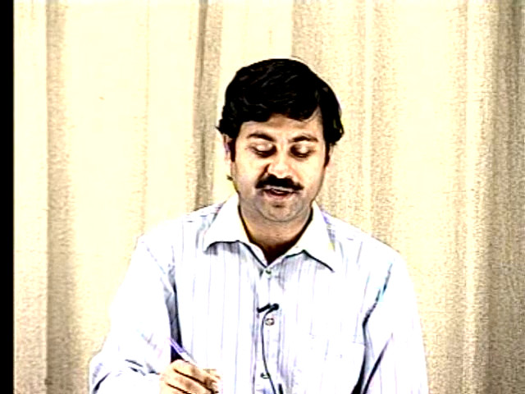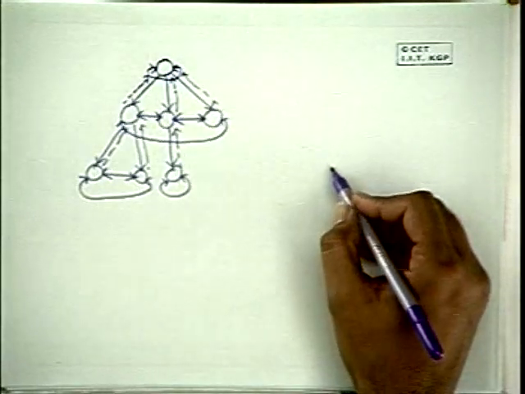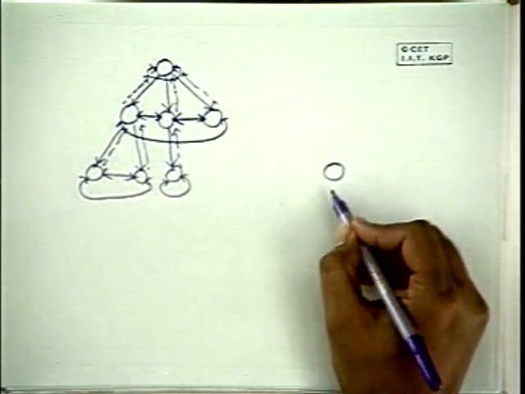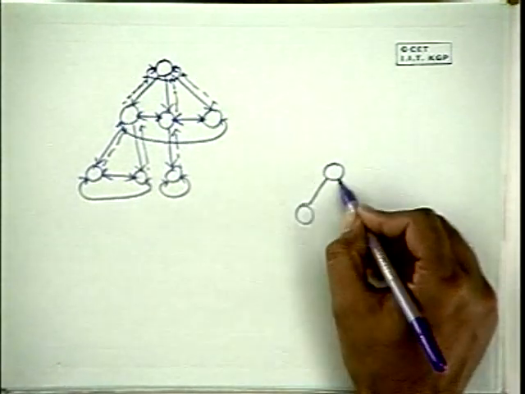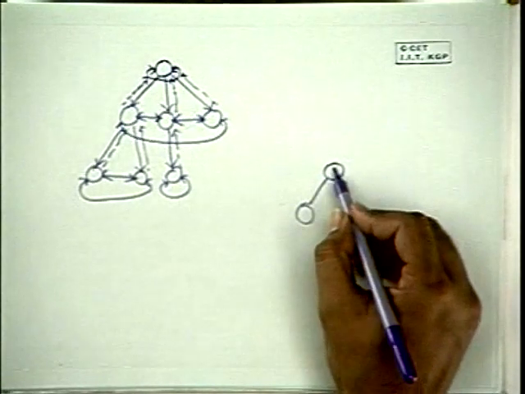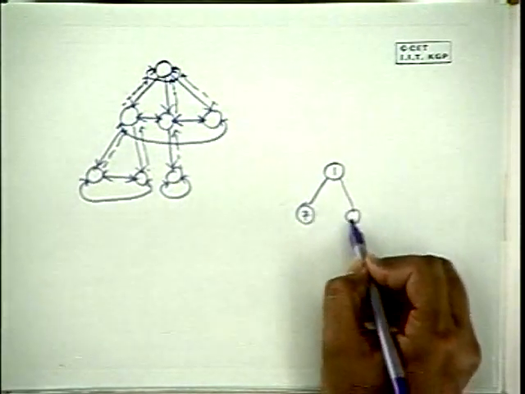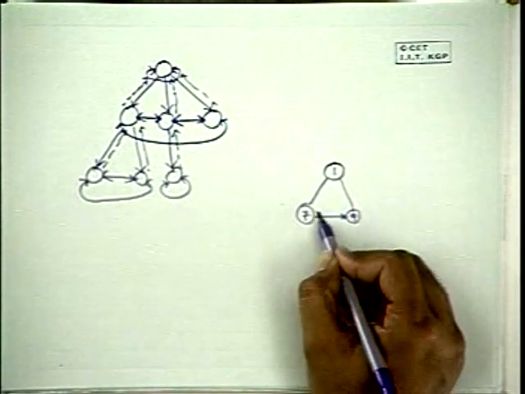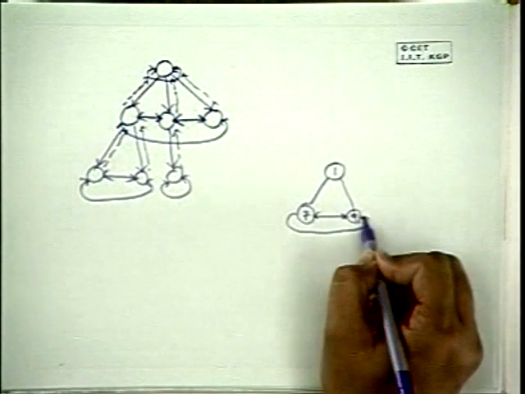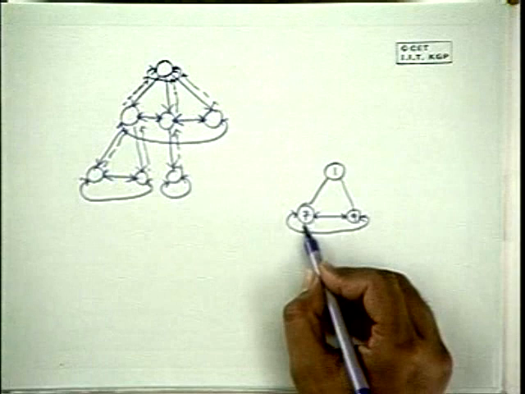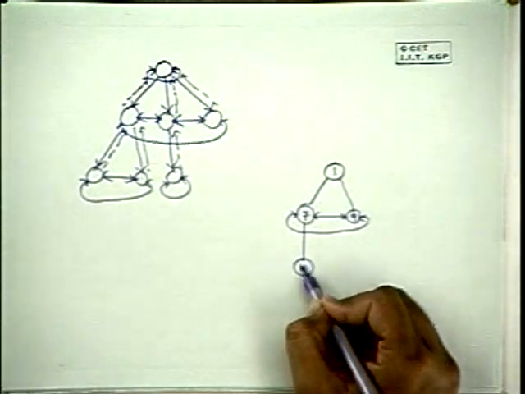Now, such heap ordered trees in a Fibonacci heap, as I told you, it's a collection of heap ordered trees. So I'm just drawing one Fibonacci heap here, which is a very trivial one. So suppose I take one heap ordered tree, 1, 7, 9, and say this is another one, say 10.